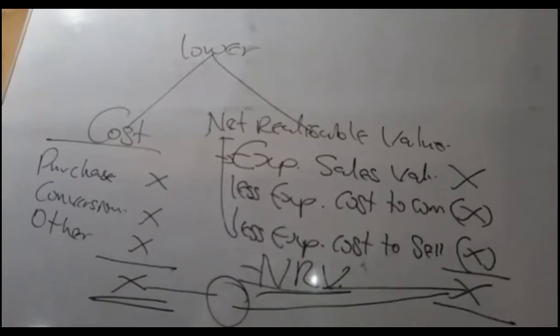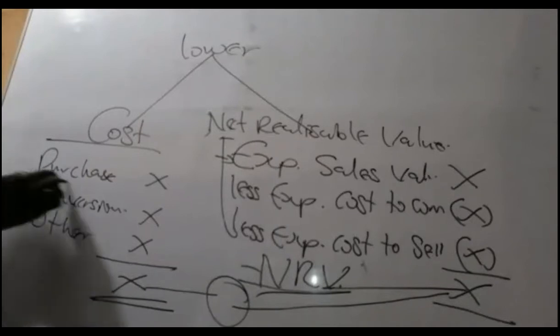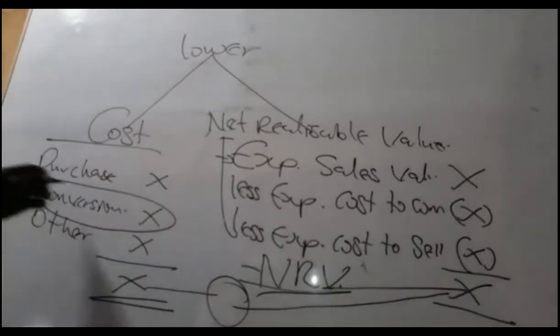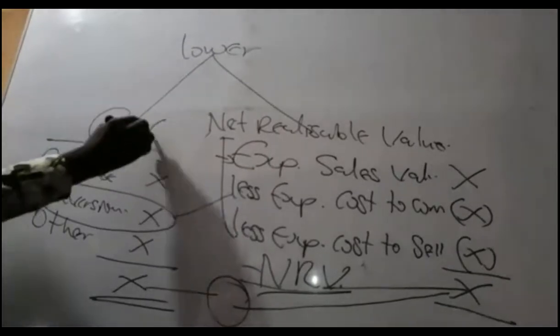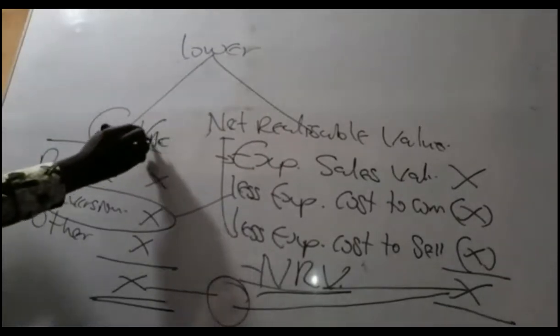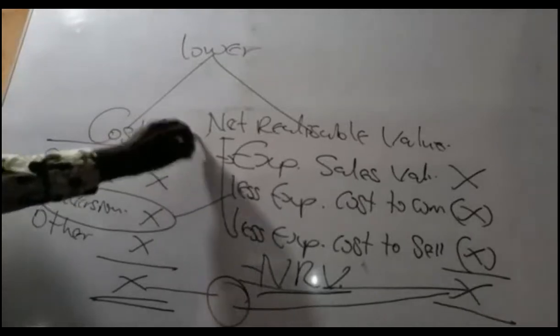Good. Now, a distinction has to be made between these conversion costs and the cost to complete. They normally look alike, they're almost the same, but they are not the same. All these costs are actual costs that you've incurred to date.